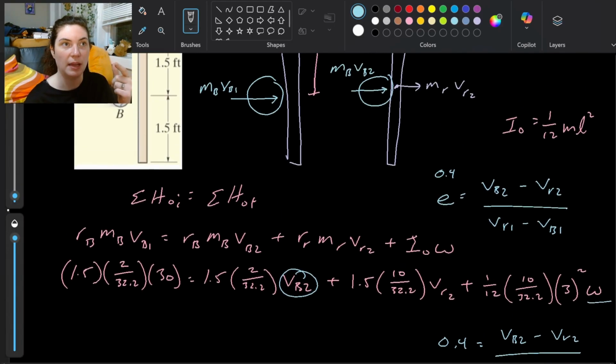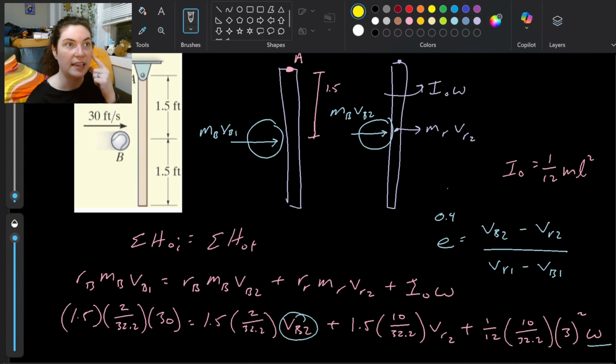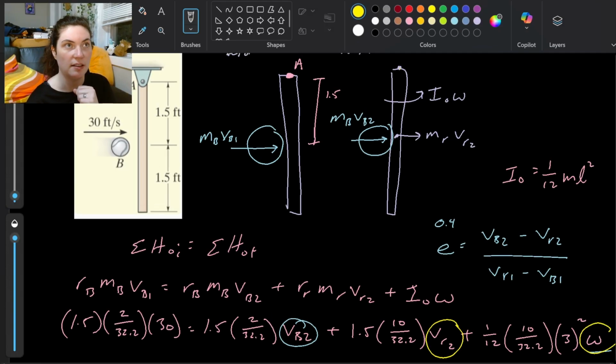But if I go back to my kinematics, I can get a relationship between the velocity of the rod and the omega of the rod. Because I've got this lovely rotation about a fixed axis here, I can use this R and say V equals omega times R. And that relationship only works for everything that's internal to the rod.